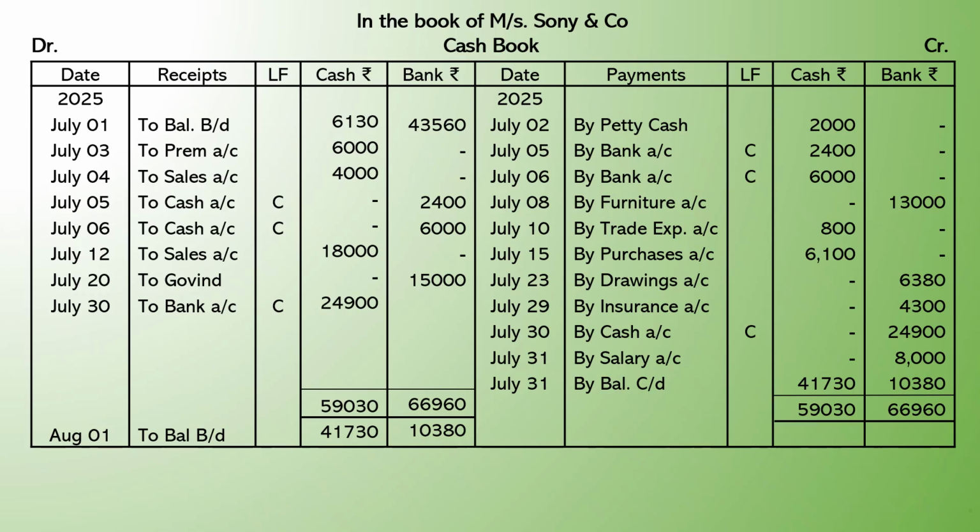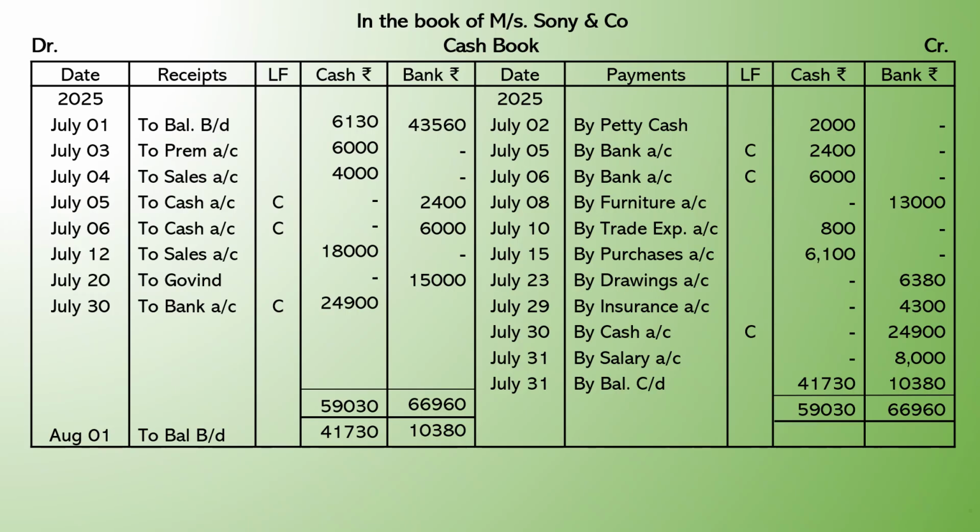Sold goods to Govind, deposited on the same day, 15,000 rupees, receipt of check, enter on the debit side, bank column. 23rd July. Drew from bank for personal use 6,380 rupees, payment as drawings for personal use, enter on credit side, bank column. 29th July. Paid insurance premium by check 4,300 rupees, payment by check, enter on the credit side, bank column.